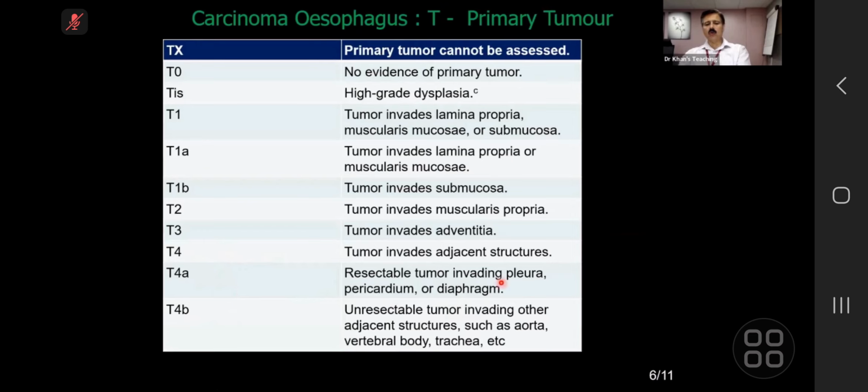If it goes into the pleura, the pericardium or the diaphragm, it is still resectable because you can remove that part of the pleura, pericardium or diaphragm as well as the tumor. Unresectable tumor invades other adjacent structures such as aorta, vertebral body, trachea, etc.